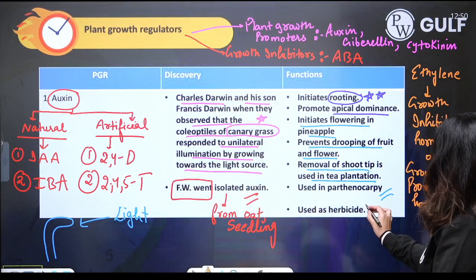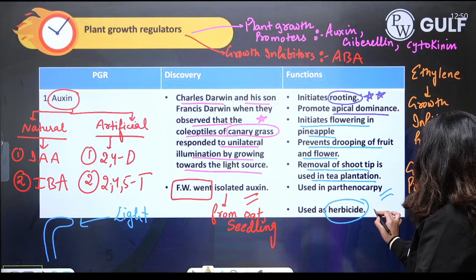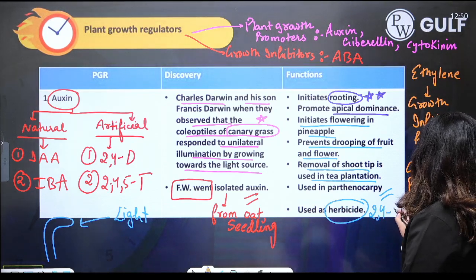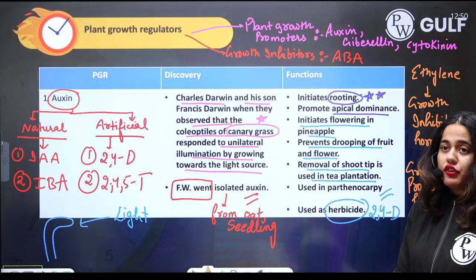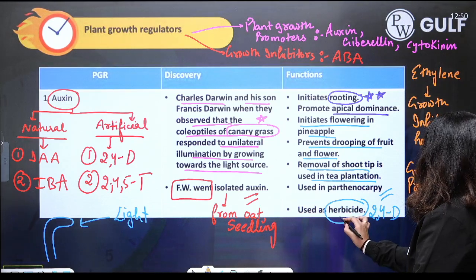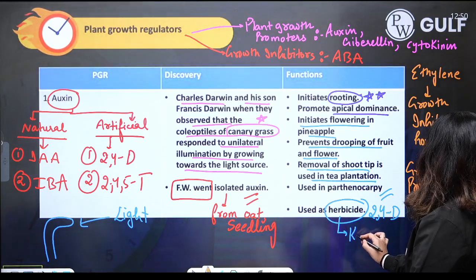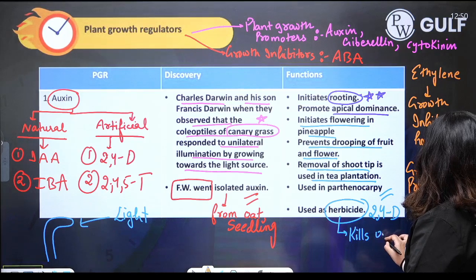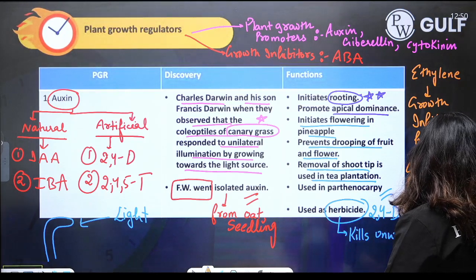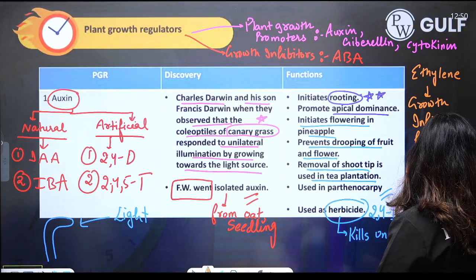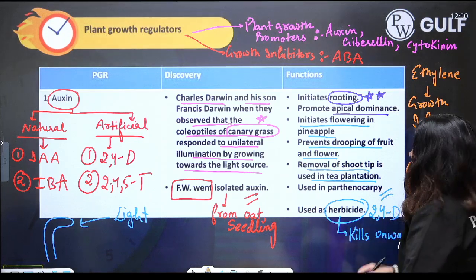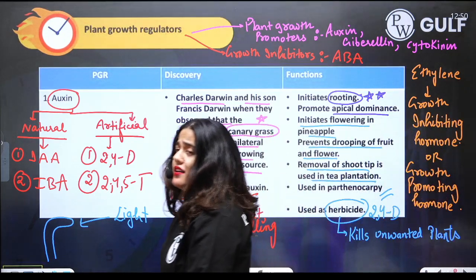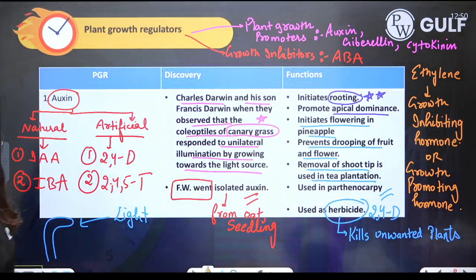It is also used as a herbicide, especially 2,4-D, which is an artificial auxin. Herbicides kill unwanted plants. So these are some of the functions of auxin.